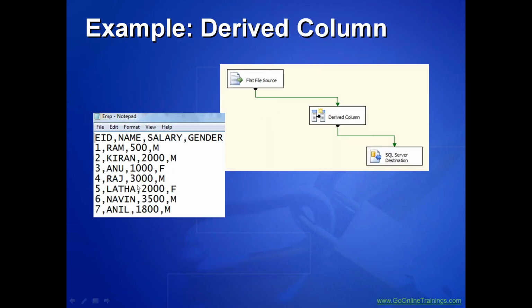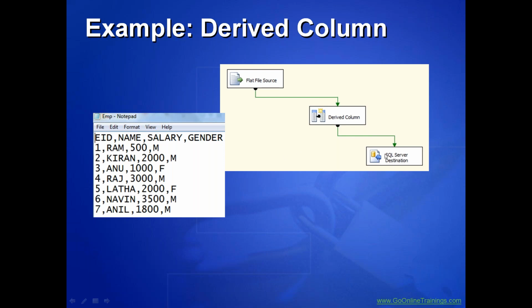I have data like this. Whenever I dump it, I would like to have Mr. and Miss prefixed to the name column. Mr. Ram, Mr. Kiran, Miss Anu, Mr. Raj, Miss Lata, Mr. Naveen, Mr. Anil, like that.